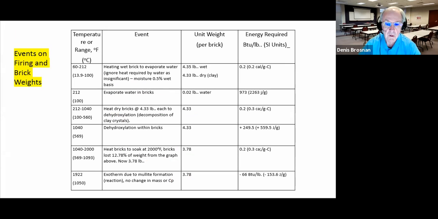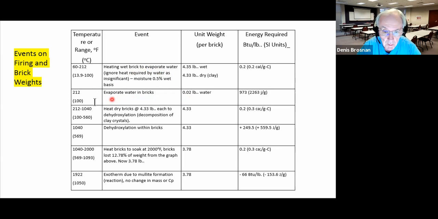And so now I presented a chart of things that happen on heating up. This is in degrees Fahrenheit with degrees Celsius in parentheses. So the first thing that happens on heating is we heat the bricks up to the boiling point of water. We start out with their wet weight, 4.35 pounds, and we're going to evaporate that water that was there, 0.02 pounds of water.